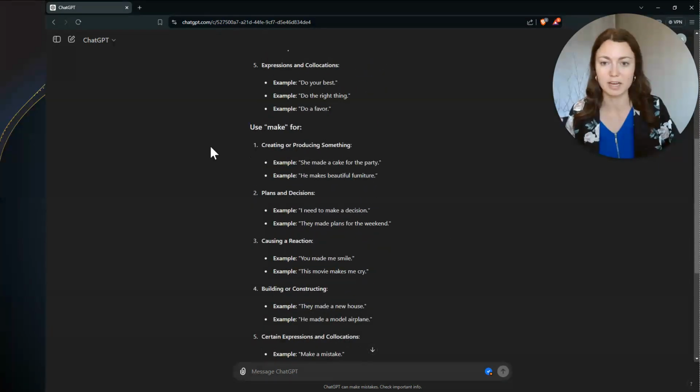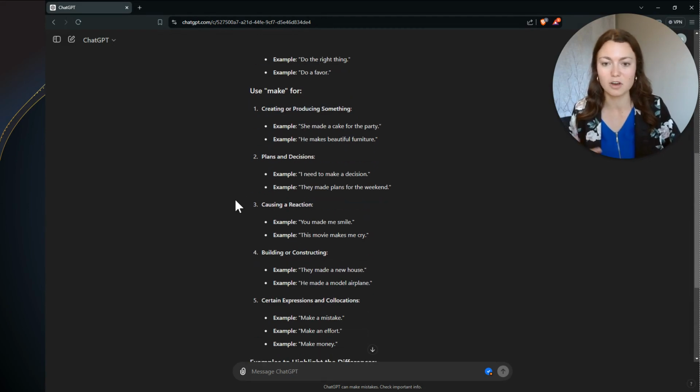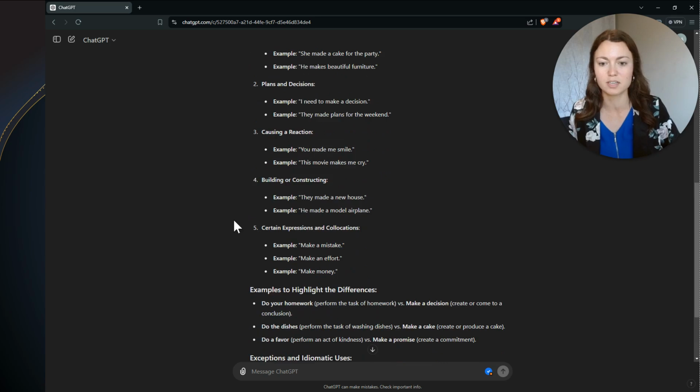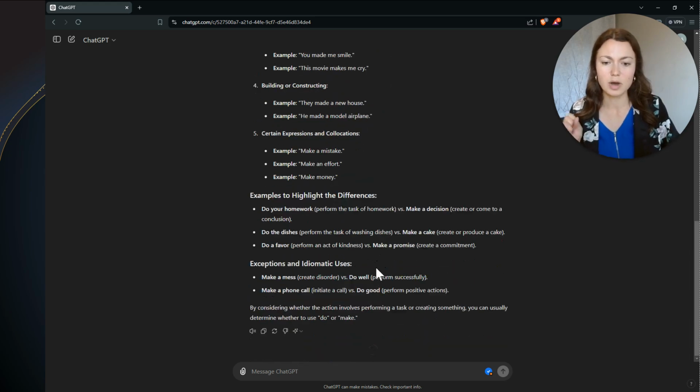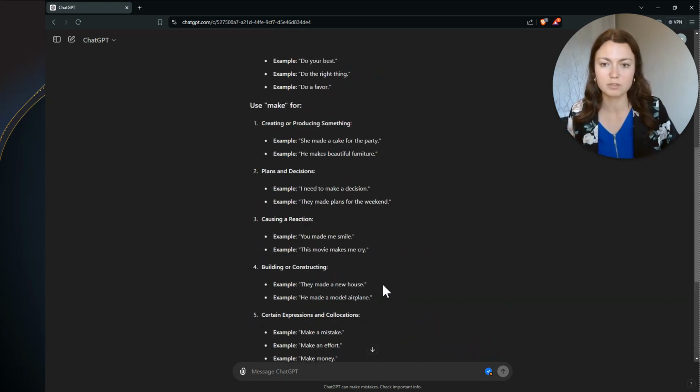In contrast, we have make: creating or producing something, plans and decisions, causing a reaction, building or constructing, and then again, those expressions or collocations, not necessarily a rule, but just this verb typically occurs with the rest of this phrase.